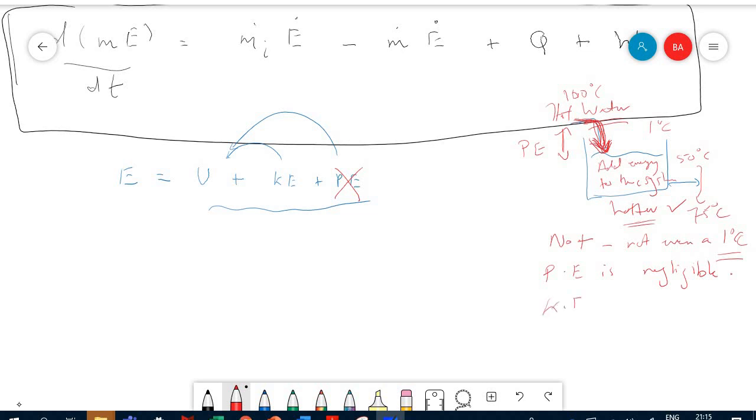So in that case, kinetic energy is also negligible in comparison to the internal energy. Of course I said how hot, but actually the internal energy is much more than that. It's about how much energy it stores in the bonds that it has.